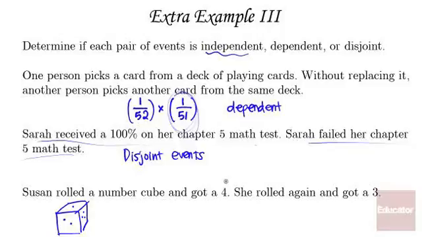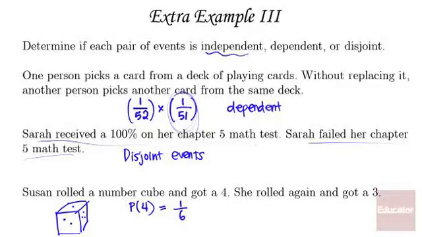She rolled a number cube and got a 4. Well, what's the probability of rolling a 4? Desired outcome: how many sides on this number cube is a 4? Only one side, right? So that's 1 out of a total of 6 sides. So the probability of rolling a 4 is 1 over 6.